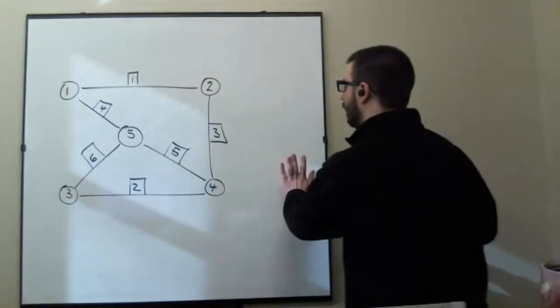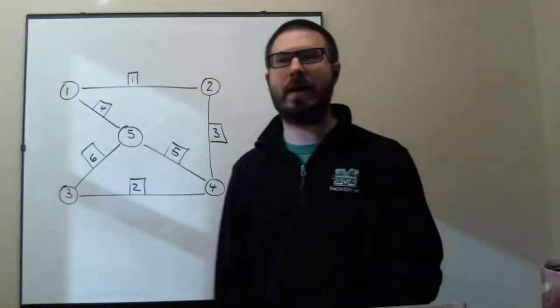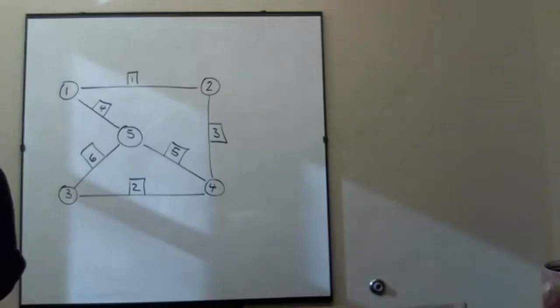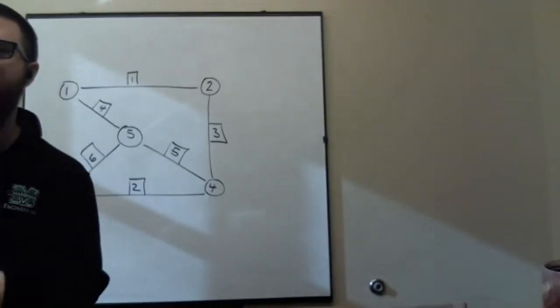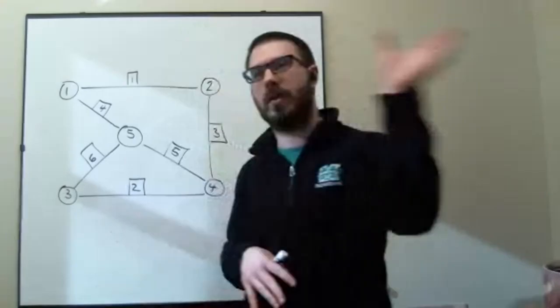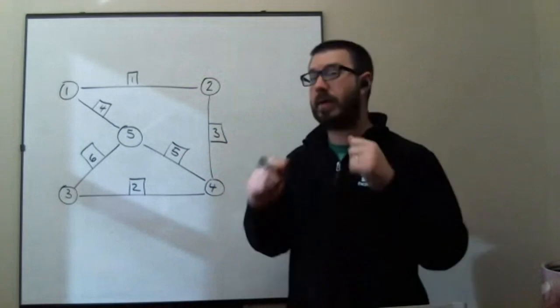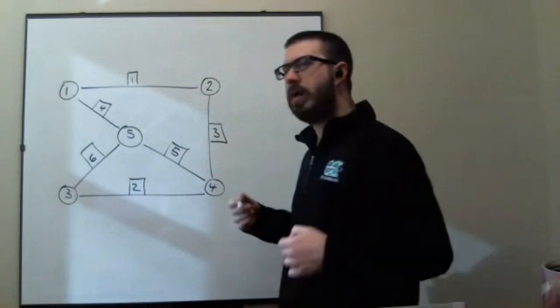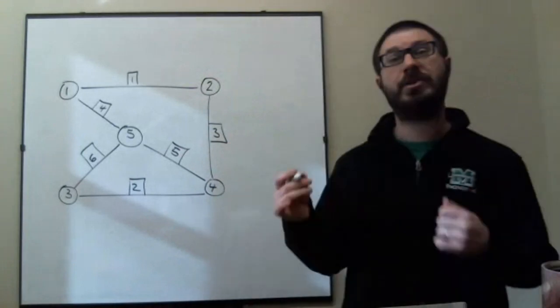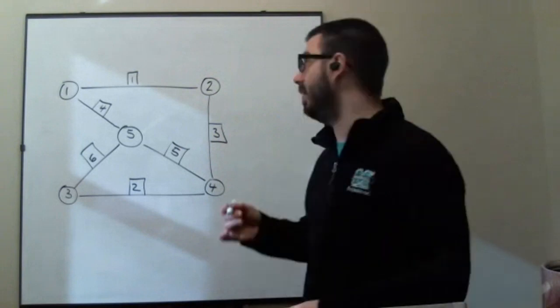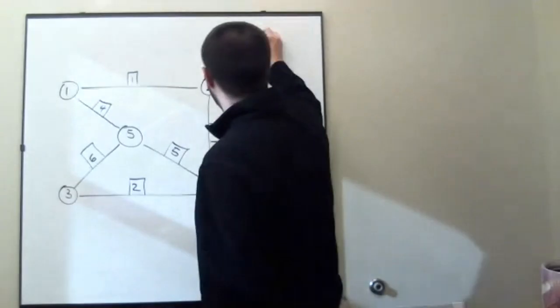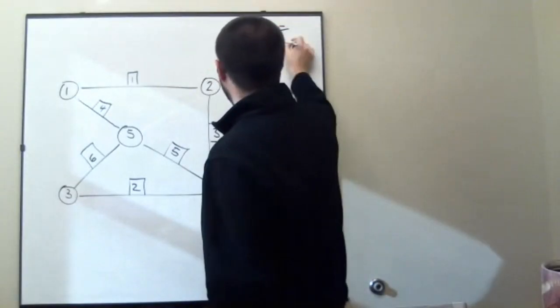Okay, I want to add a wrinkle into the mix. There was a statement on that homework assignment that was maybe a bit deceptive, or maybe you glossed over it, but I made it a point to bold it and underline it because of what I'm about to say today. One of the things I said about each node on that assignment is that each node had 1 degree of freedom.